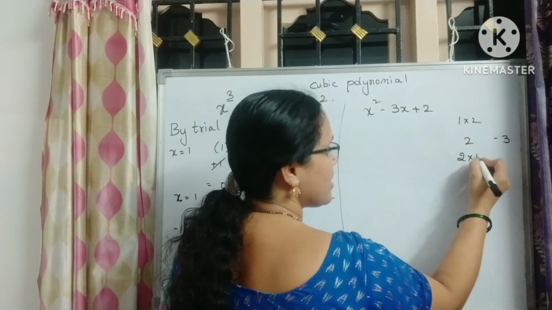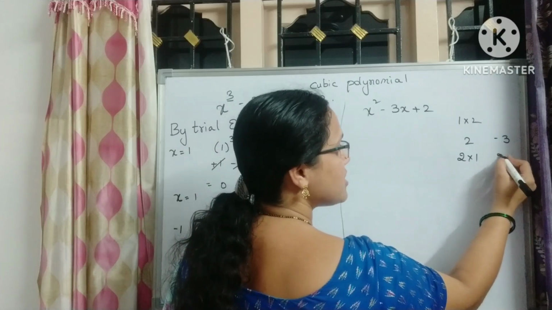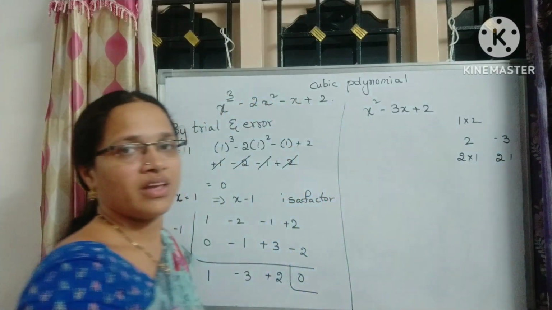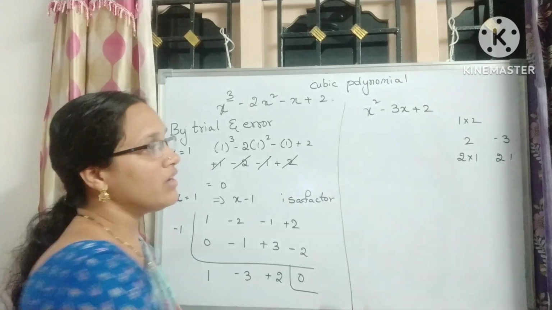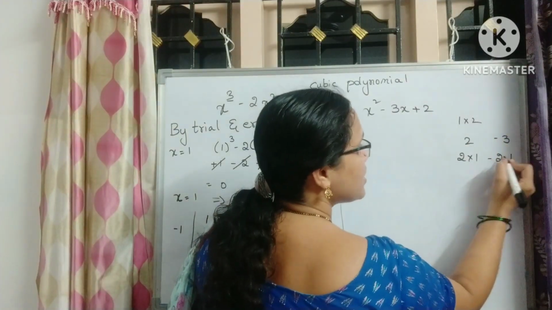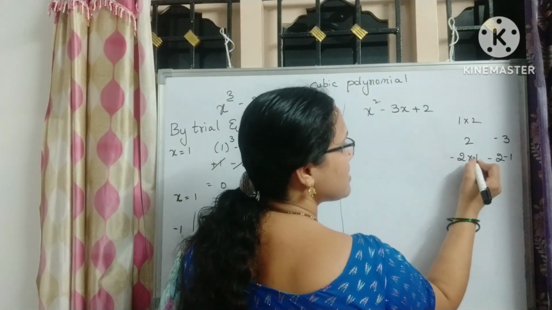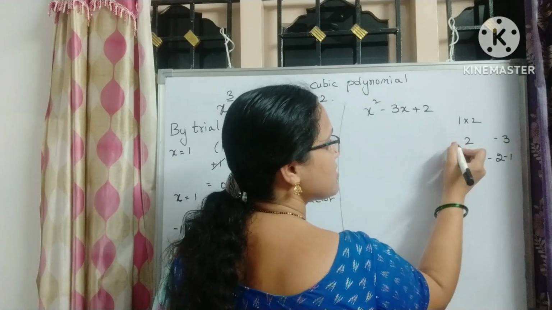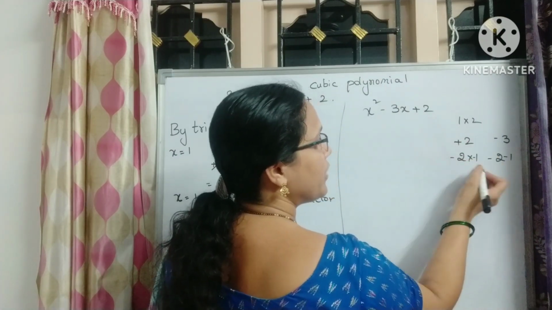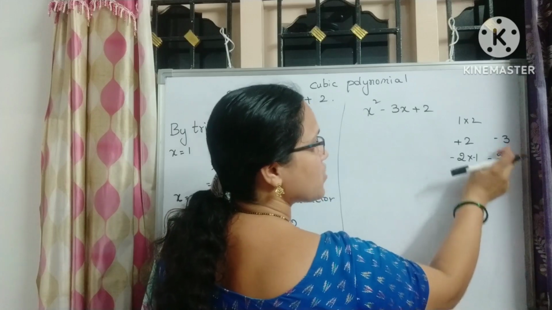So 2 and 1 will make 3, but you should get minus here. That means minus and minus should be there. So minus into minus plus, and 2 into 1, 2. So minus 2, minus 1, minus 3.